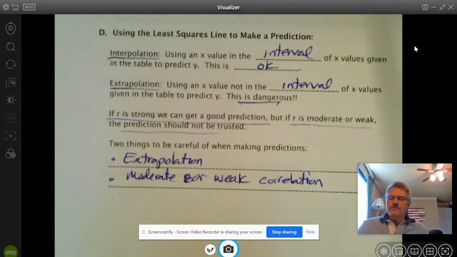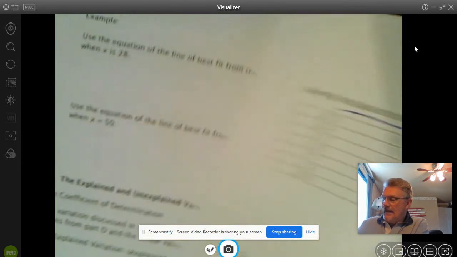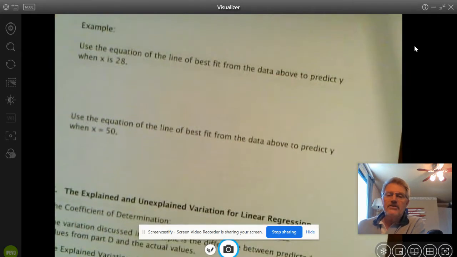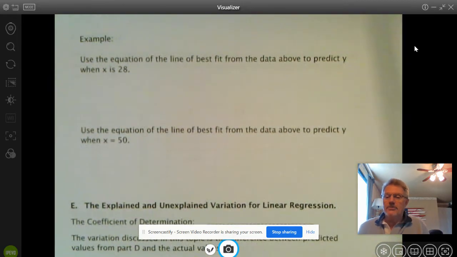Now, a few years ago, they were asking us to predict at the beginning of the year what a student is going to do at the end of the year. That's an extremely dangerous thing. So I thought, hey, I teach stats. I ought to be able to come up with something that will be accurate and a good predictor. Well, I tried the previous year's geometry regions exam to see if that would predict an Algebra 2 score.